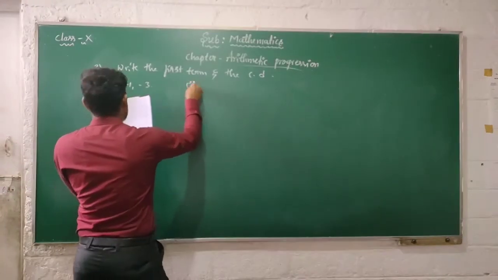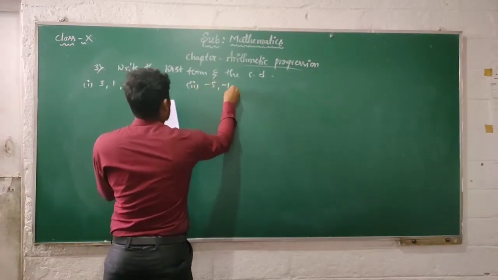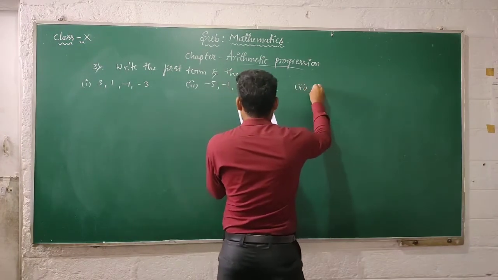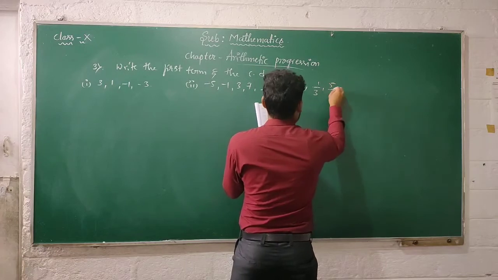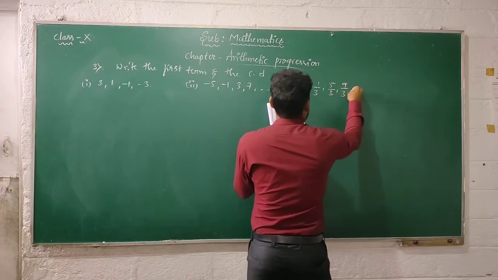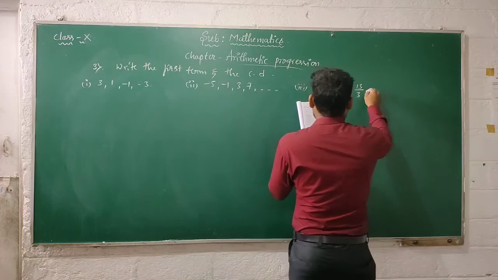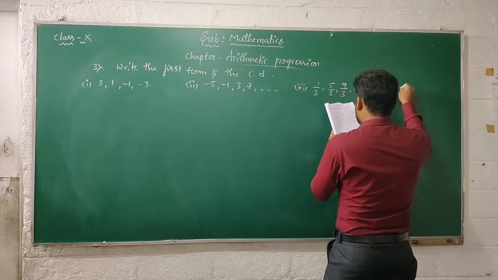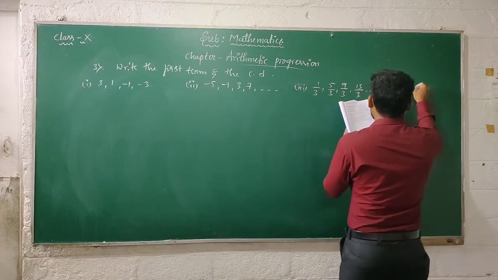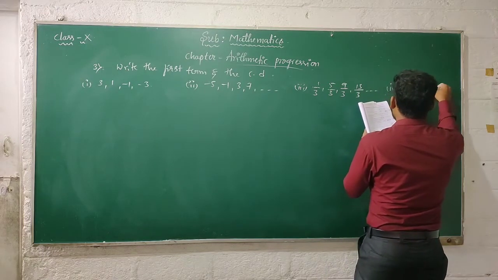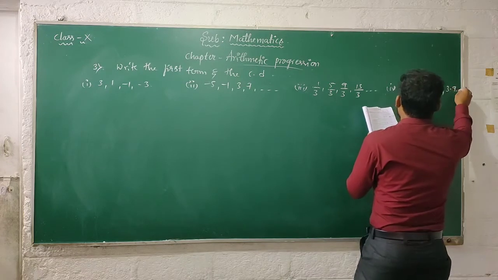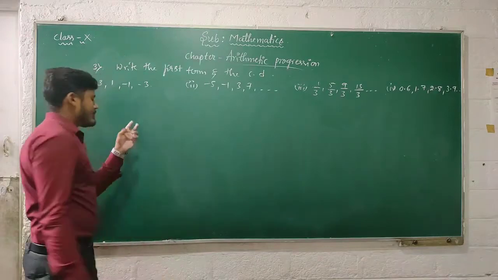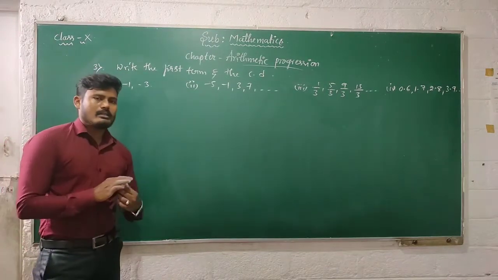Then the second question, -5, -1, 3, 7. Then the third question, 1/3, 5/3, 9/3 and 13/3 and so on. Then the fifth question, 0.6, 1.7, 2.8 and 3.9 and so on. So write the first term and common difference for the following APs.